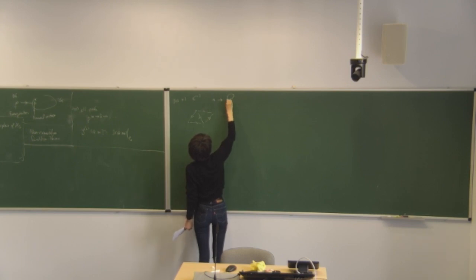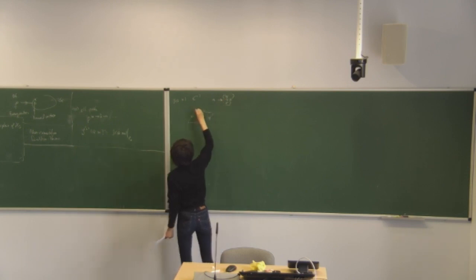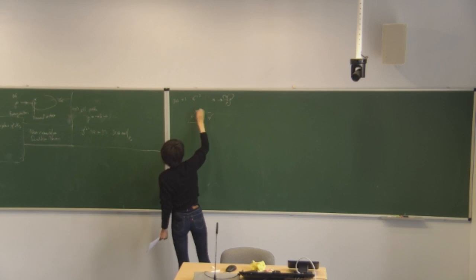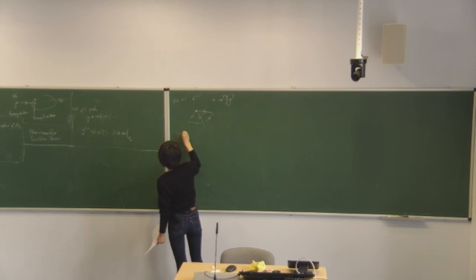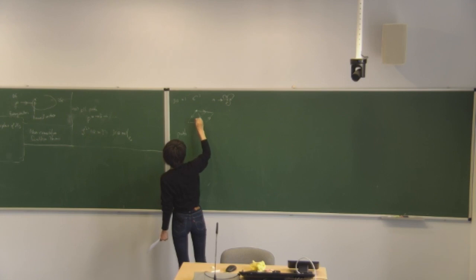Because it's periodic, you just choose one particular one, and you're looking at the paths up to equivalence.